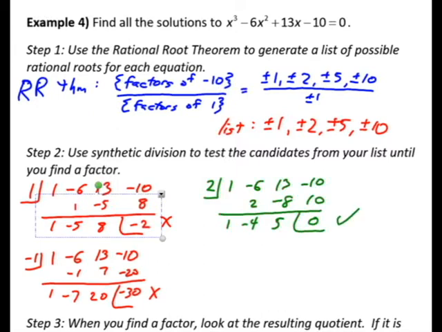We found one with remainder 0. That means 2 is one of our zeros, and x minus 2 is a factor.